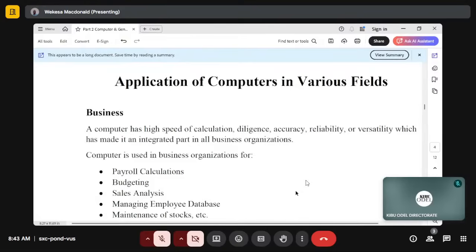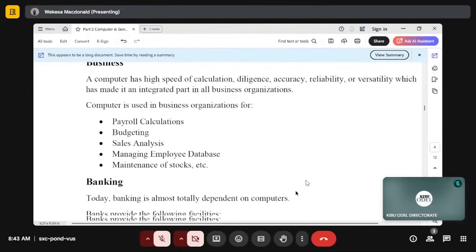Computers are used in business for speed of calculations, diligence, accuracy, reliability, and versatility.